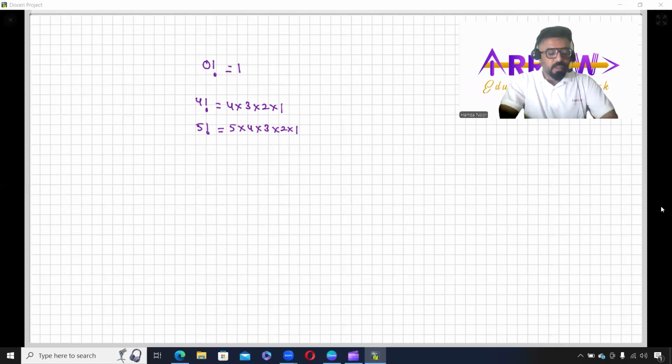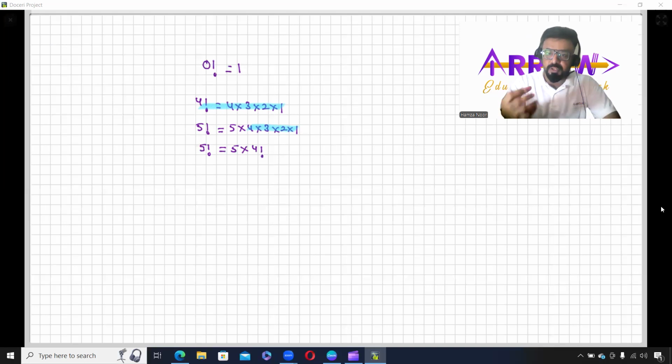So in place of 5 factorial, I can write 5 into 4 into 3 into 2 into 1. However, in place of this 4 times 3 times 2 times 1, I can also write 4 factorial, isn't it? So 5 factorial means 5 times 4 factorial.